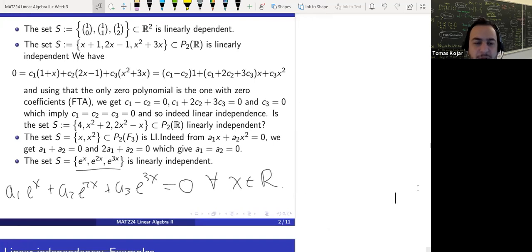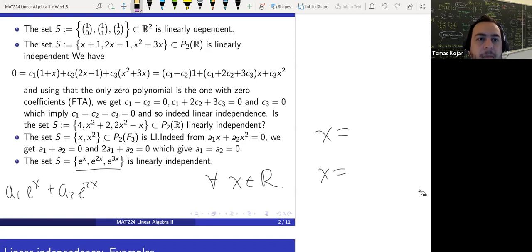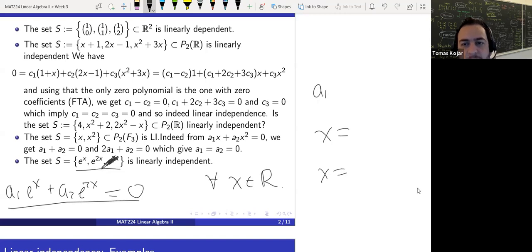So can someone give me two values of x where this works? Maybe I should simplify it because it will be too hard for you. So let me do it for two of them. So it's a little bit easier. So at least for two of them, can you give me two values of x that will give us a1 equals a2 equals 0?